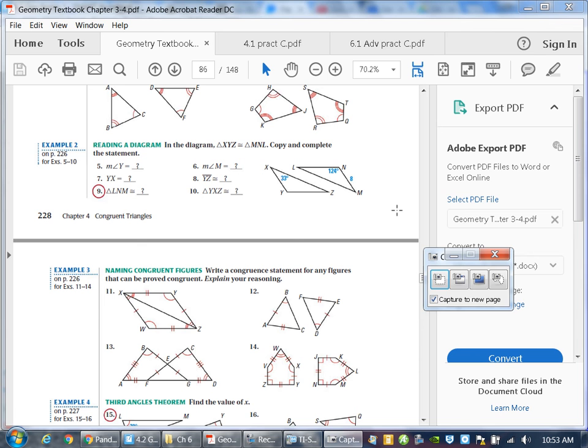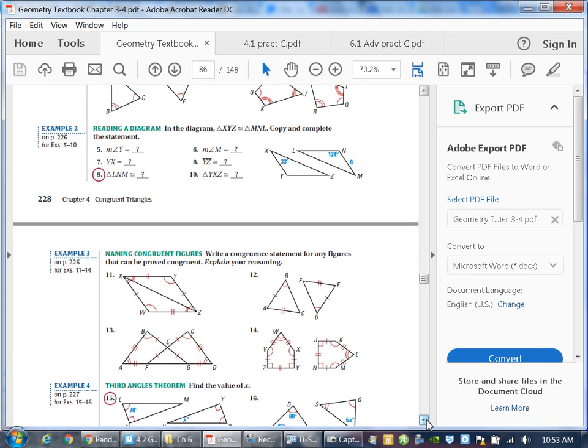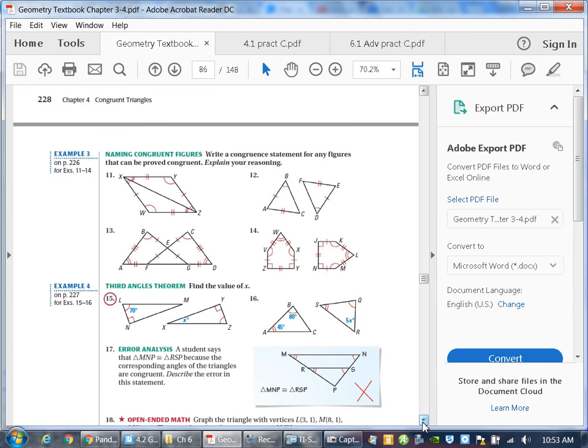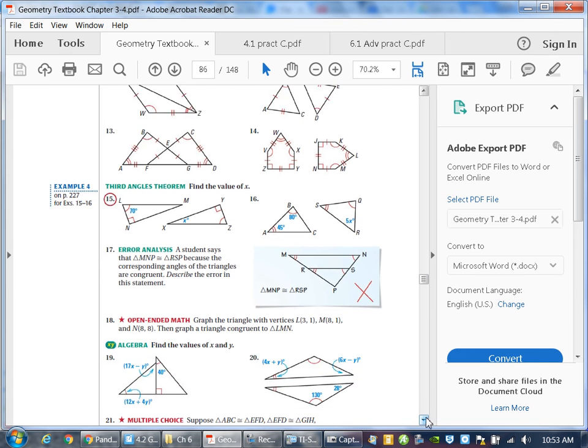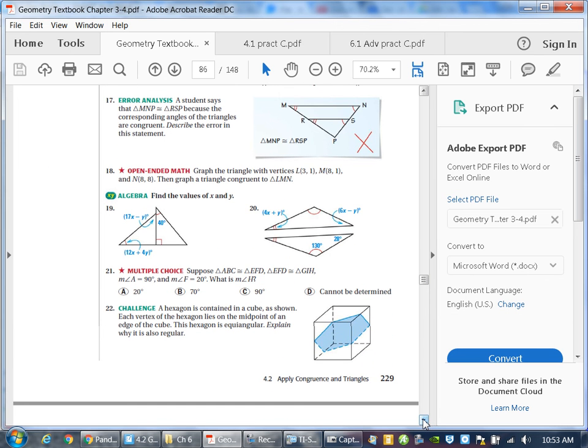So what I want you guys to do is in the book. It's section 4.2, page 228, 5 through 10, and I'll put these up here in a second. Wait, are we working on homework already? Yeah. Which means I expect you to be working on the homework.